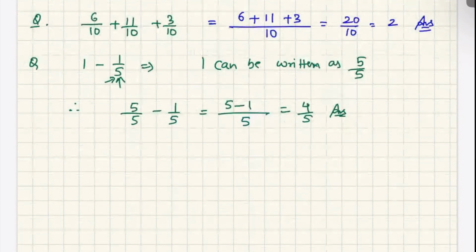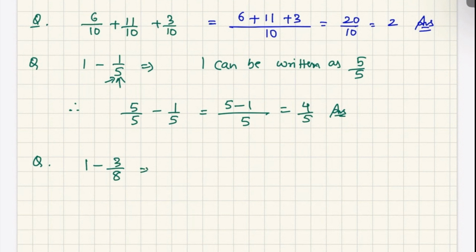Let's solve one more question of the same kind. 1 minus 3 by 8. So again, my denominator is 8. So I need something as 8 in the denominator. So 1 can be written as 8 by 8, right?